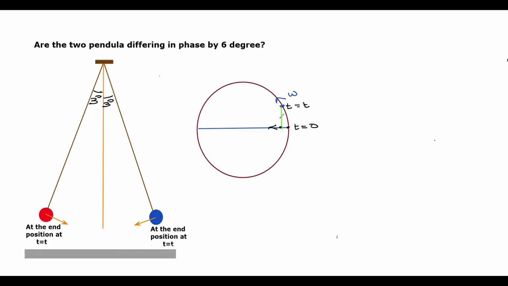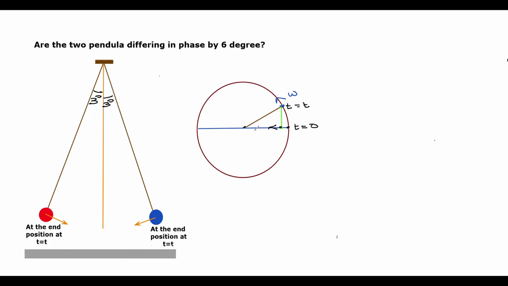Let this rotating particle be here at t equal to 0, and at t equal to t, the particle has gone ahead to this position. Then the phase of the particle at the instant t equal to t is given by this angle. This is the phase of the oscillating particle. Actually, the foot of projection is oscillating.